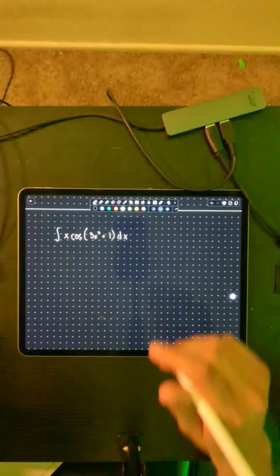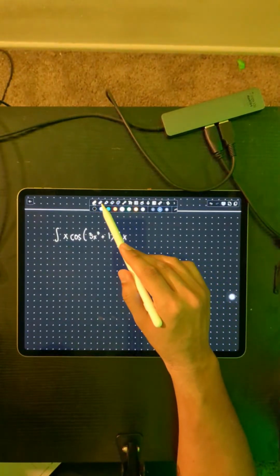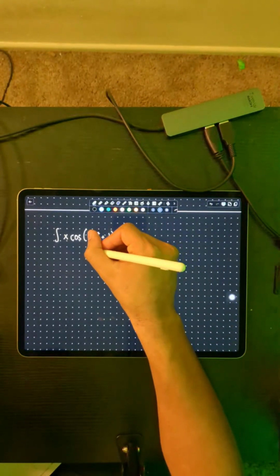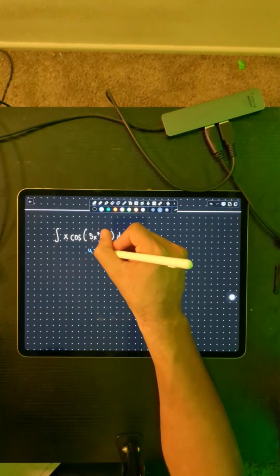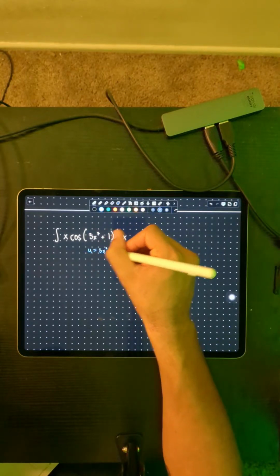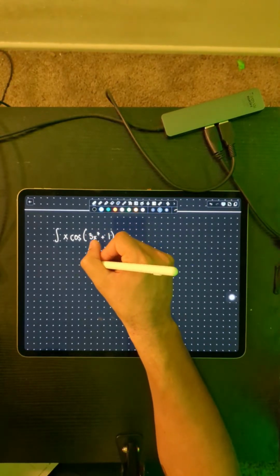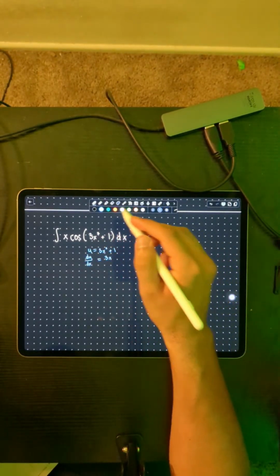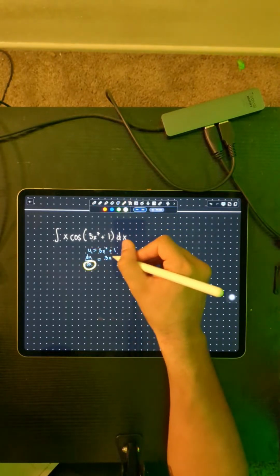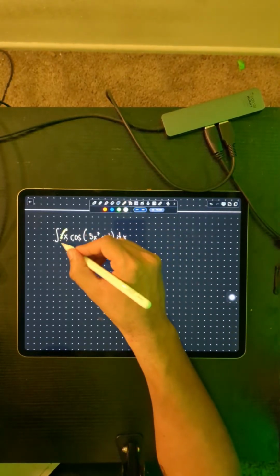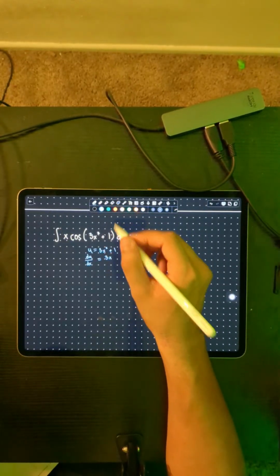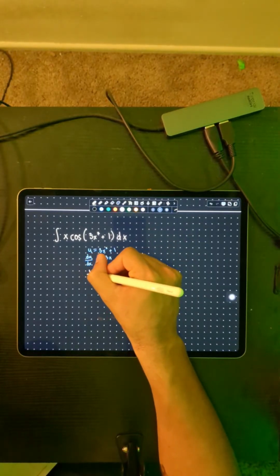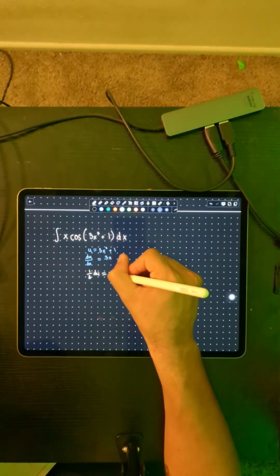All right, in this case, we're going to set u equal to 3x squared plus 1. Take the derivative: du by dx is equal to 3x. Since we don't have a 3 there, we want to solve for x times dx. So solving for x times dx, we have 1/3 du equals x dx.